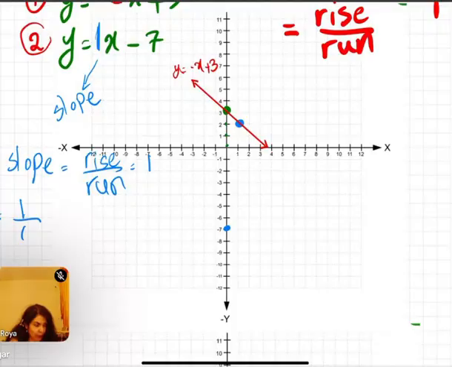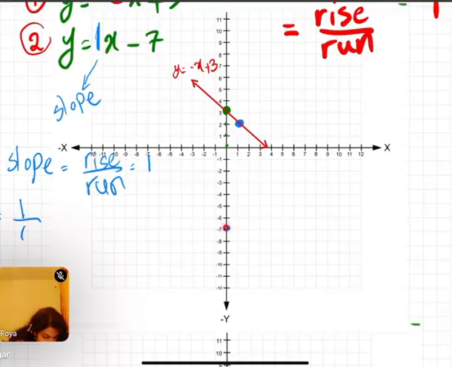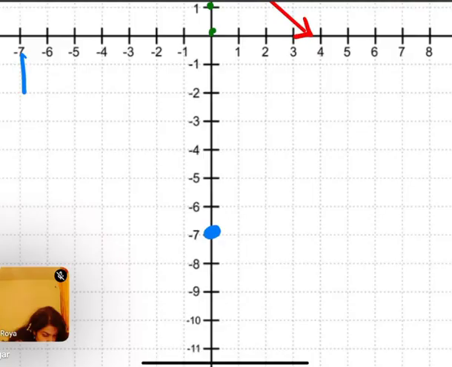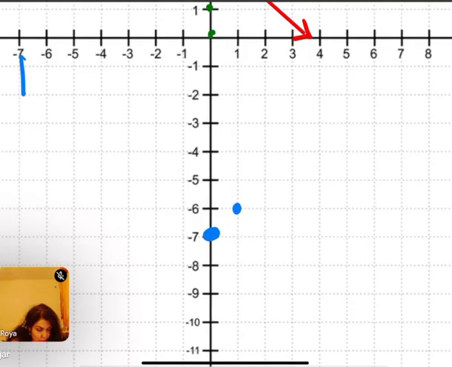Okay. So from this point, the rise is 1 unit go up, and the run is 1 unit to the right, because both of them are positive. So the second point is going to be here, and you can pass a line through these 2 points.